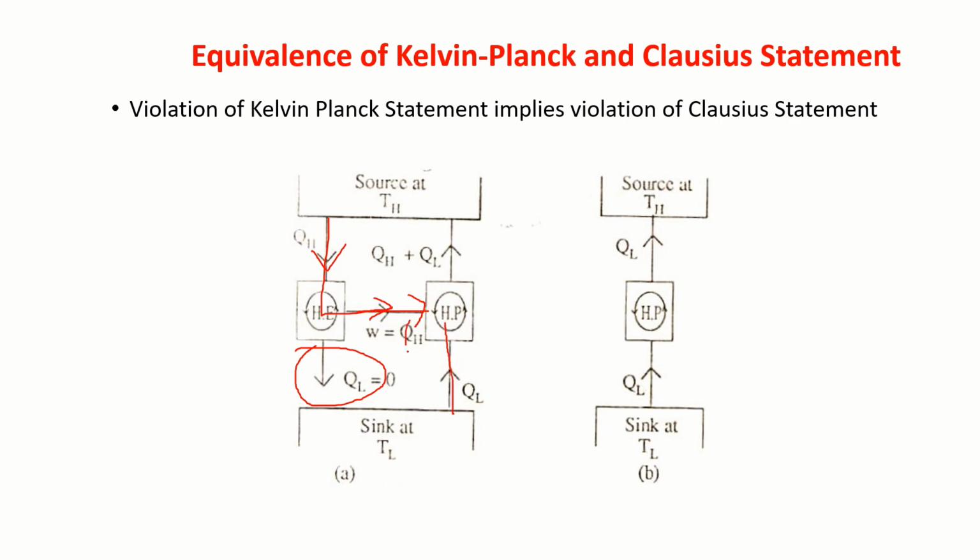Then it will supply QH plus QL to the source. It was taking QH; out of this QH plus QL, I give back QH. That means QL on its own is flowing from a low temperature body to a high temperature body, which is a violation of the Clausius statement. So if you violate the Kelvin-Planck statement, it is the same as violating the Clausius statement, and vice versa. Thus, both statements are equivalent.